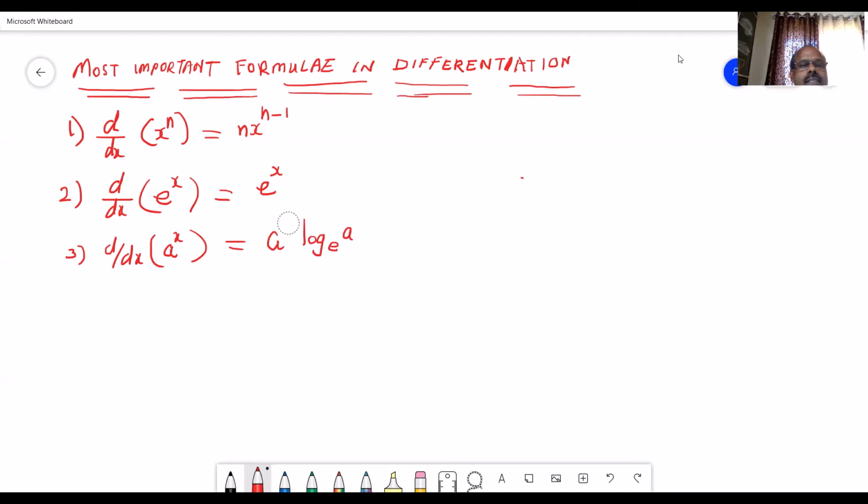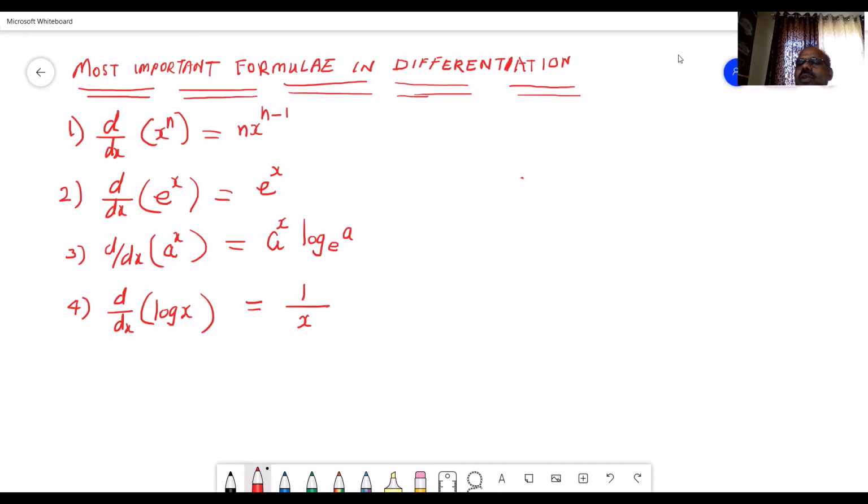Yes, a raised to x log a to base e. Now the fourth one we have done is dy by dx of log x. What is it? It is just 1 by x. The differentiation of log x is 1 by x.